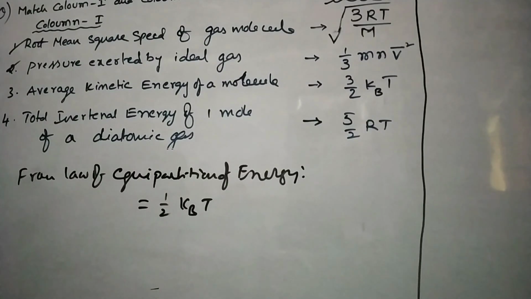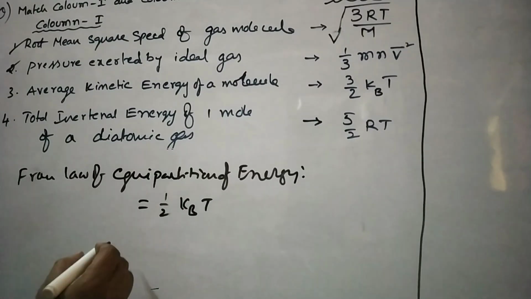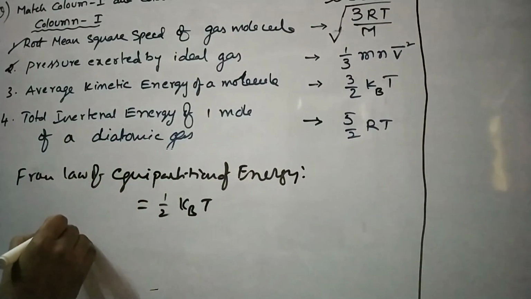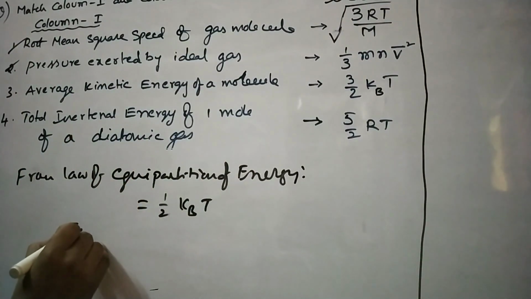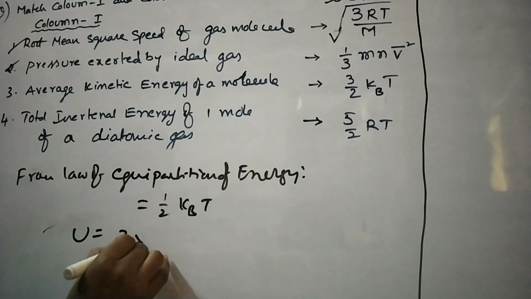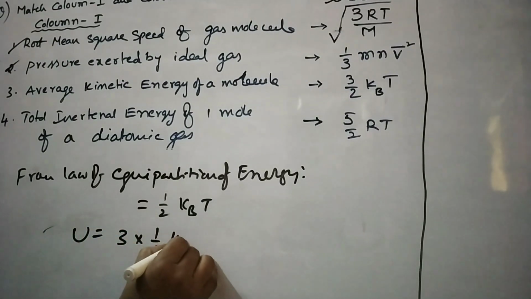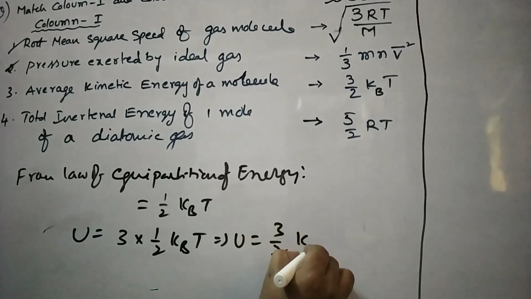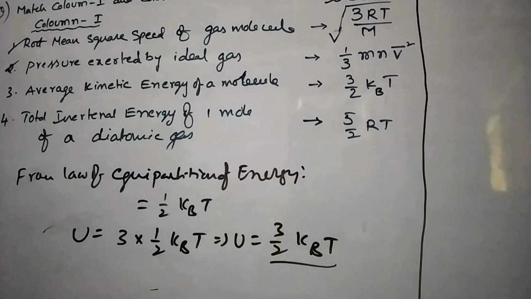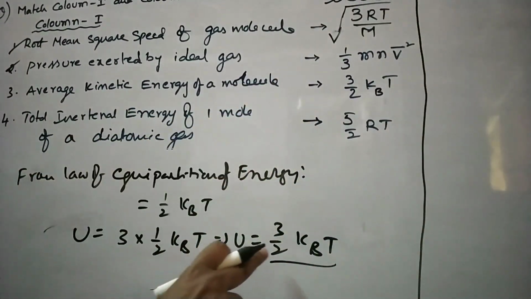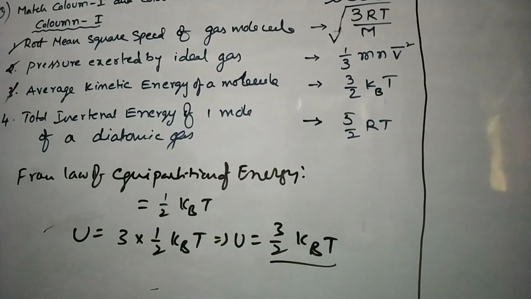So the average kinetic energy of a molecule, U, is equal to 3 into 1 by 2 kBT, that implies U is equal to 3 by 2 kBT.